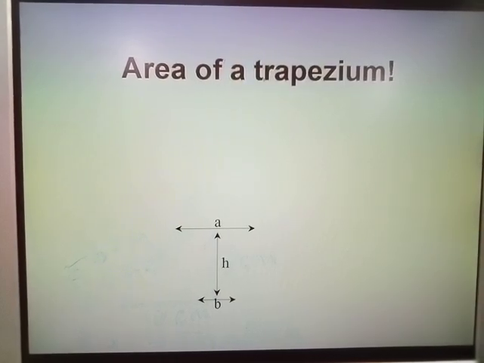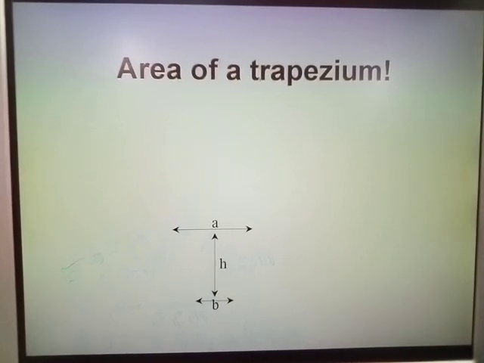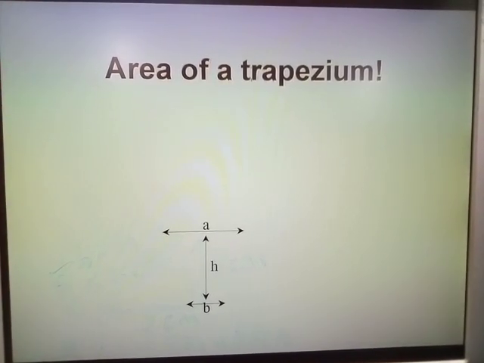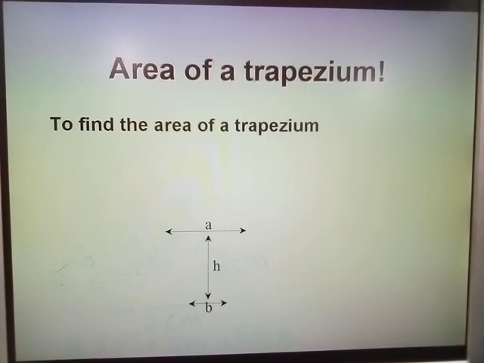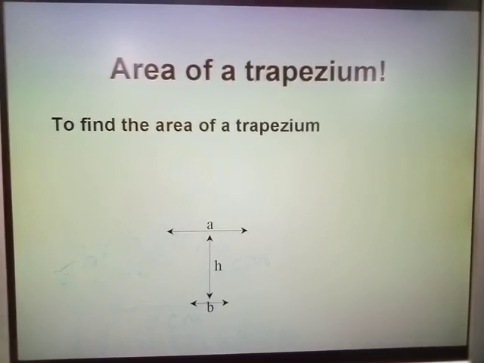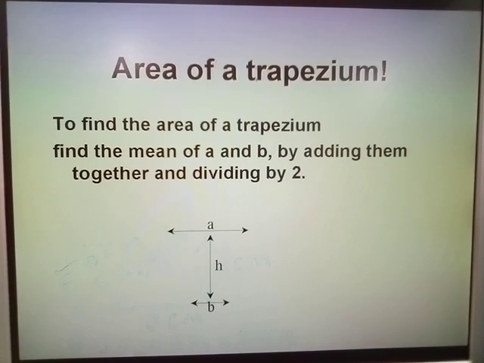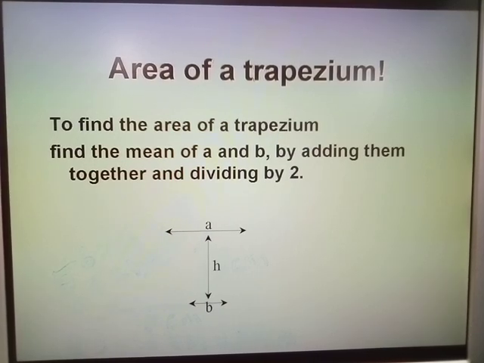Area of a trapezium. Now look at this carefully and let's have a look at what we're trying to say. To find the area of a trapezium, sorry, let me repeat that as I just zoomed in. To find the area of a trapezium, find the mean of A and B by adding them together and dividing by 2.